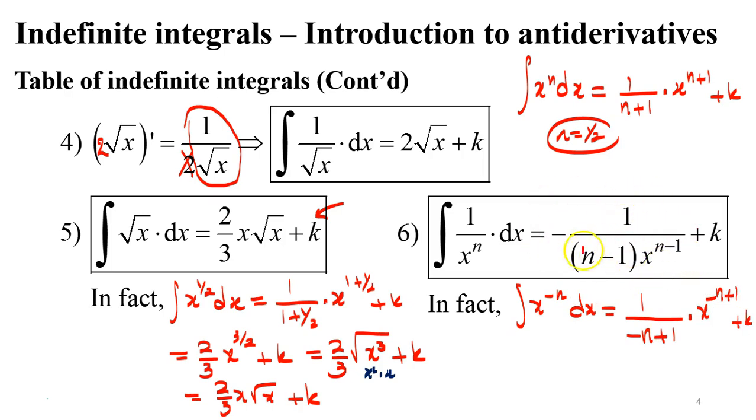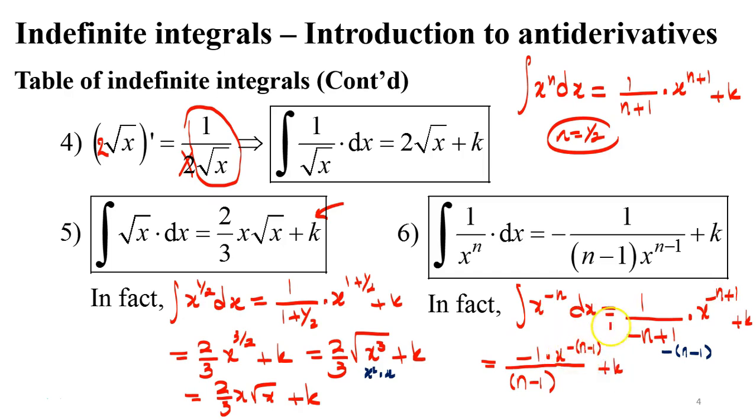Now let's just simplify this into the form that we have here. Keep in mind that negative n plus 1, whether at the denominator or at the exponent, is in fact negative times n minus 1. So over here, this negative would actually go out to the numerator, which leaves me with negative 1 over n minus 1, and that being written as x to the negative n minus 1.